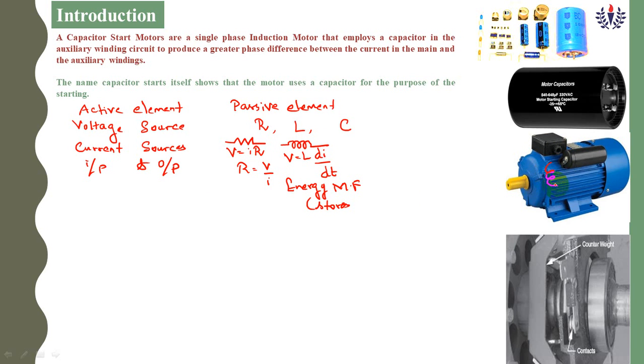Here only the inductor and resistor are available. But what happens to the capacitor? Capacitor means it has two parallel plates which are placed with a dielectric medium between them.